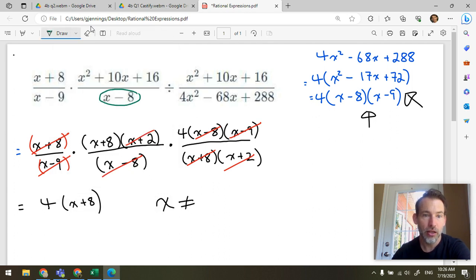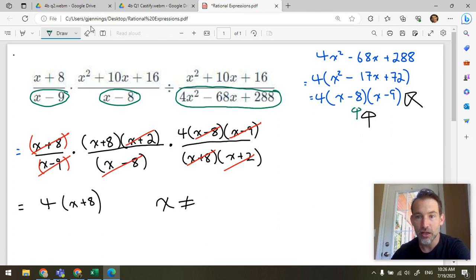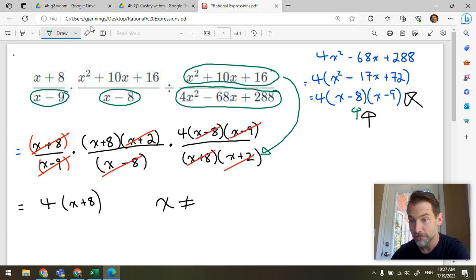From here, x is not equal to 8. From here, x is not equal to 9. This one gives us restrictions, and we can see them clearly here. We already have them, actually, x minus 8 and x minus 9, because they're already over there. And then this one gives us restrictions as well. But that's not the denominator, you say. Well, yeah, but it becomes a denominator when we divide by it.